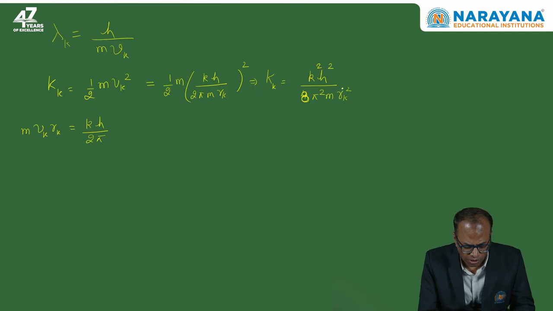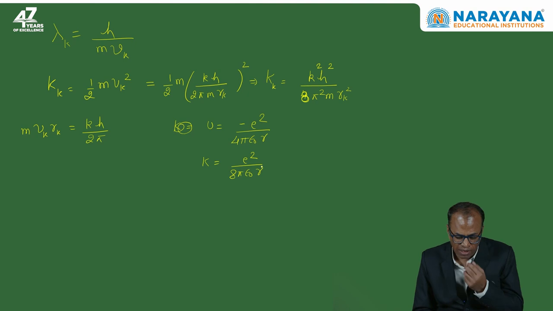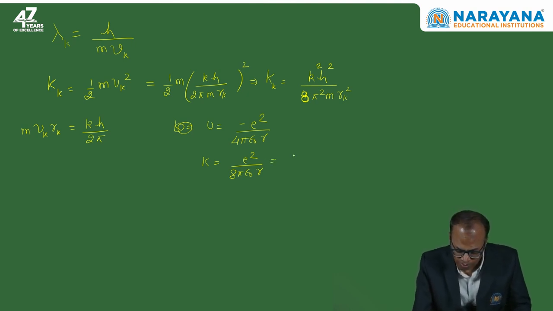So kinetic energy, I can also think of kinetic energy as, I know that in Bohr's atomic model, the electrostatic potential energy will be minus E square by 4 pi epsilon naught R, and the kinetic energy will be half of this with the positive sign. So E square by 8 pi epsilon naught R, and R I can replace with momentum mv. Yes, that is a better idea.